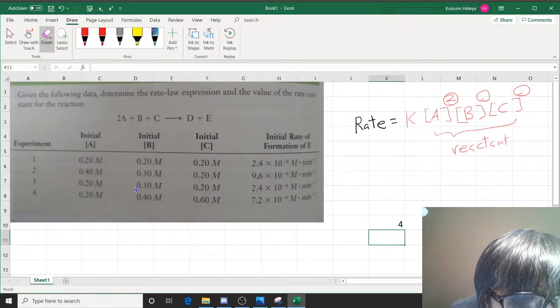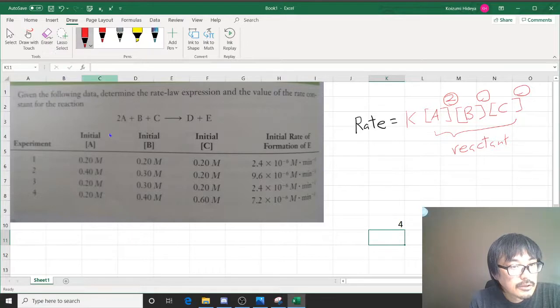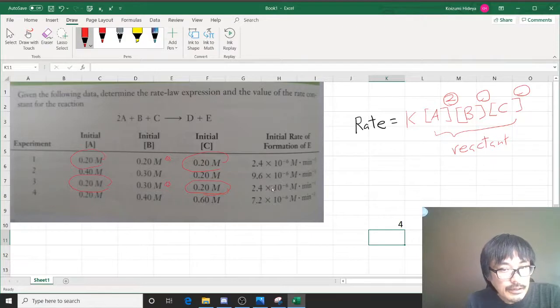The concentration of A is the same, and the concentration of C is the same. And the concentration of B, going from here to here, changed by a factor of 1.5, but the rate stays exactly the same.